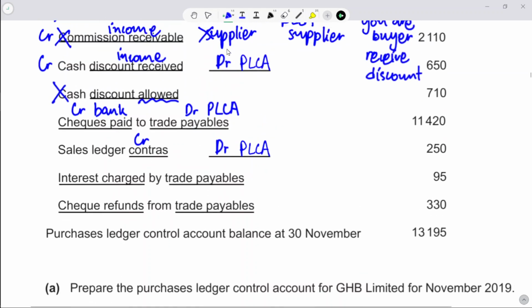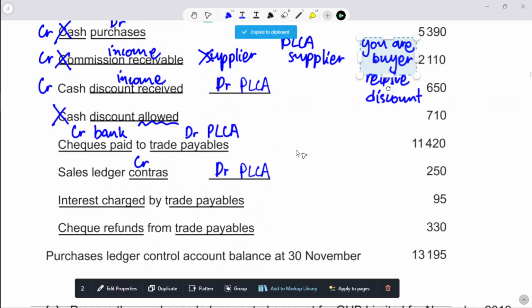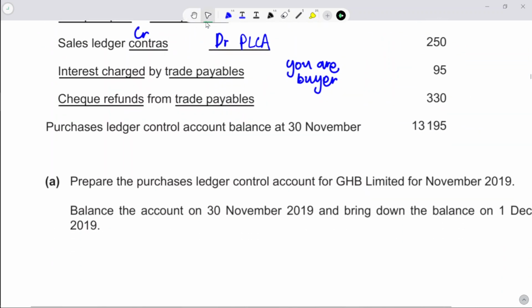So remember, now you are the buyer, right? You are the buyer. So this one you pay something.